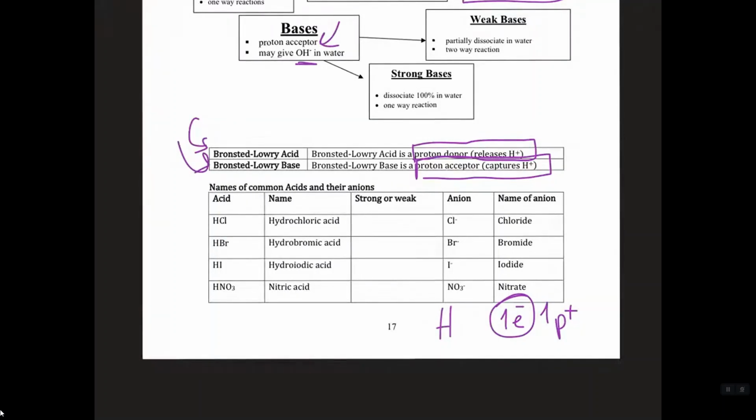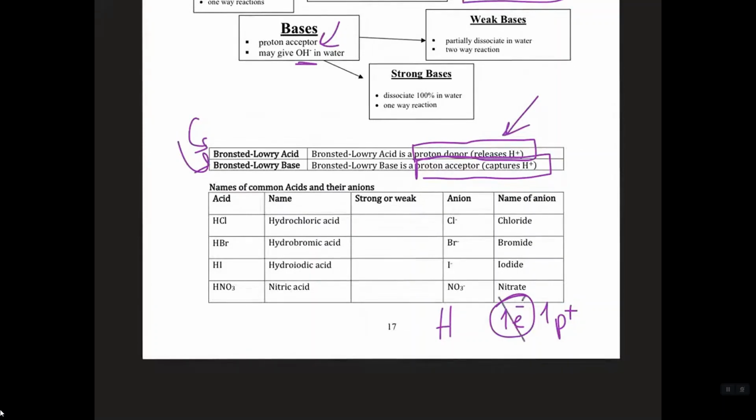So we learned that ionic compounds form when electrons transfer from metal to nonmetal usually, right? And in the case of hydrogen, it only has one electron. So if it begins to act as a metal and gives away the electron, then what's left? Only a proton. So we can use interchangeably the words proton and hydrogen ion.